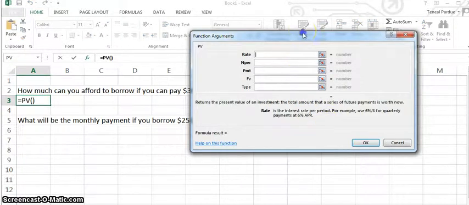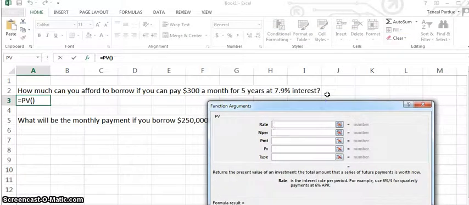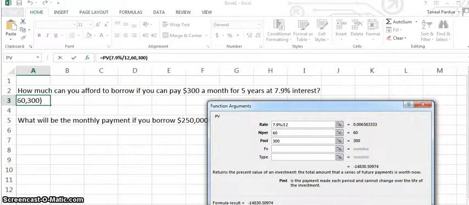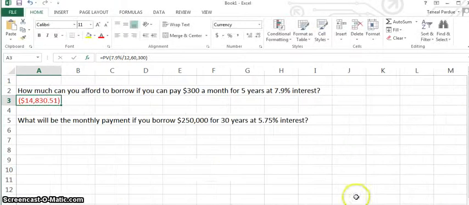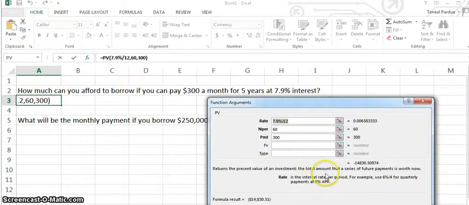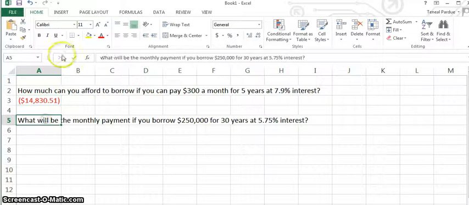The rate for this one is 7.9% monthly, because this requires the periodic rate. We have 60 periods, and the monthly payment is $300. So we click OK. We get the same dollar amount we did before, and that, again, is what we typed into the function.